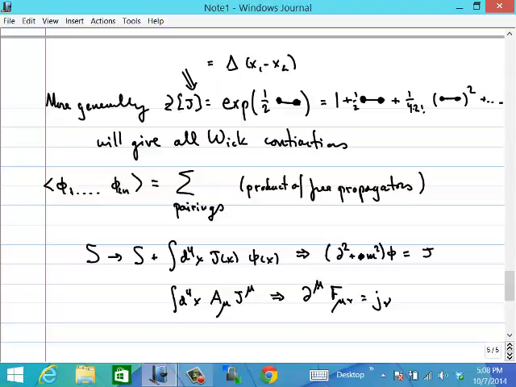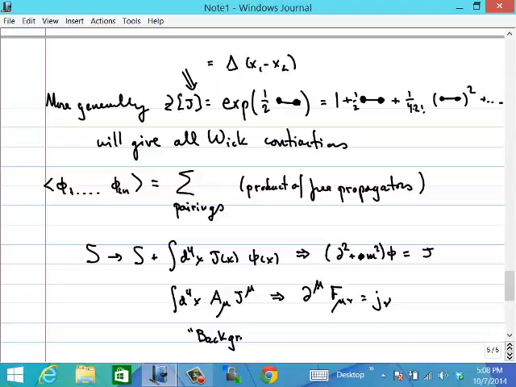I wouldn't say it's adding an interaction. When we say an interaction, usually what we mean is adding another field with which it interacts. This is not another field in the sense that J is not a dynamical variable. We're not integrating over all sources J(x) in the same way that we would integrate over all field configurations phi. So J is not a dynamical variable. It's what we would call a background source.